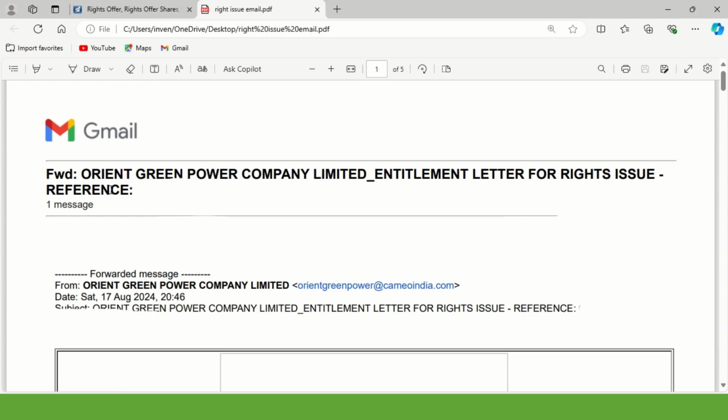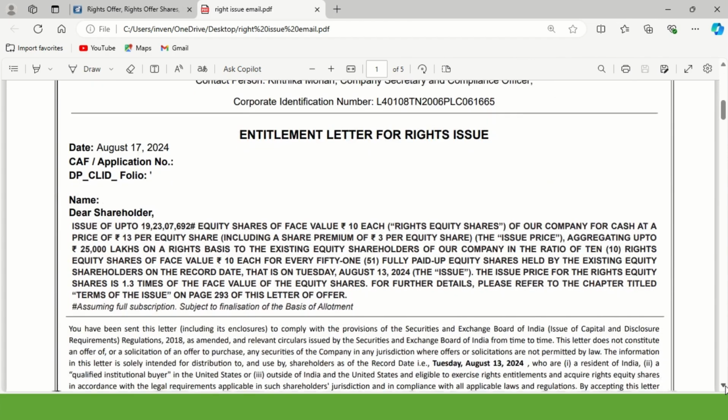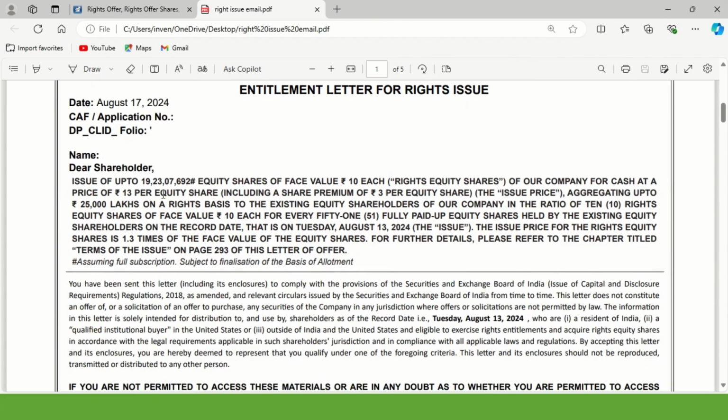This is how you will get it: from Orient Green Power Company, an entitlement letter for the rights issue. From there they mention, see here, an issue of up to this many equity shares, face value of 10, and a share premium of 3 per equity share.